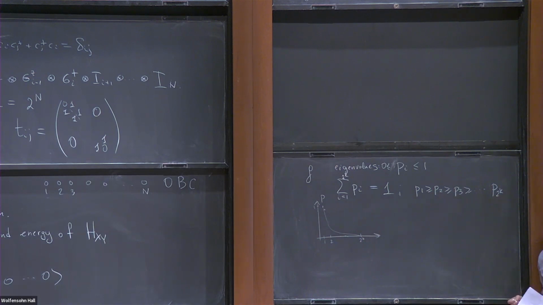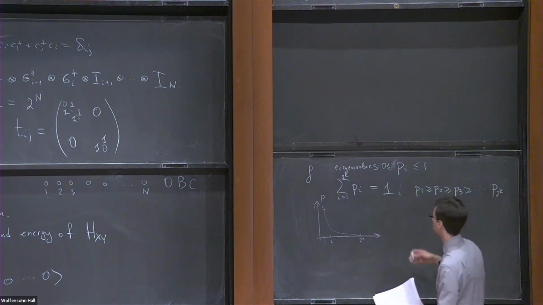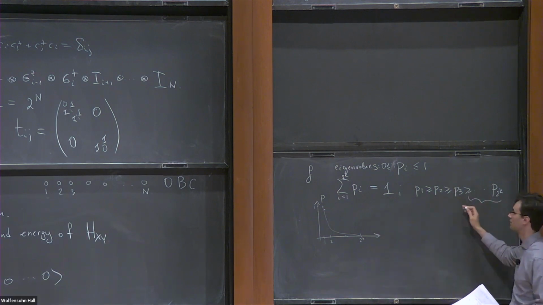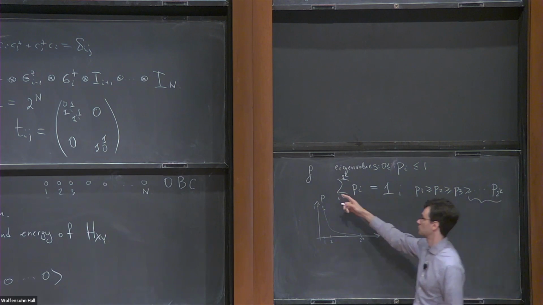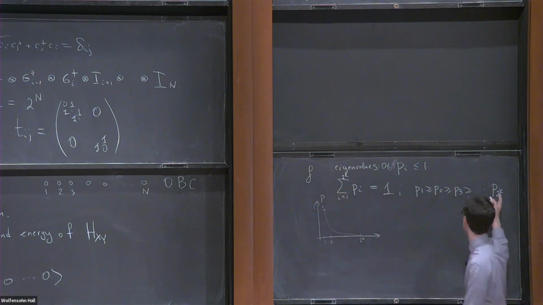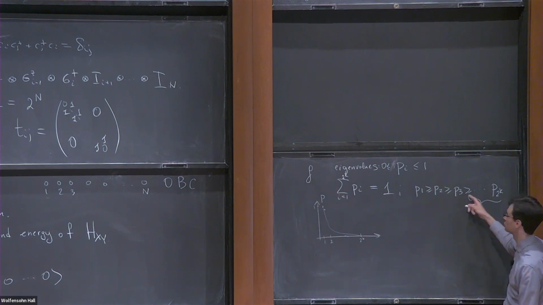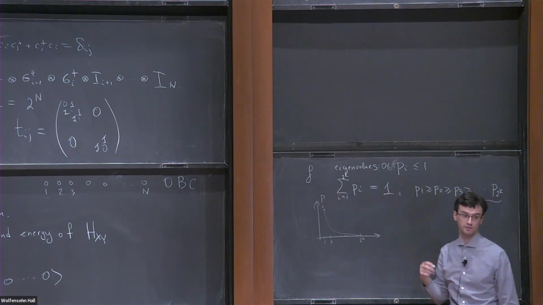We do truncation, or in other words, renormalization. What we do is throw away the lowest probability states of our system, which have the lowest eigenvalues of the density matrix.